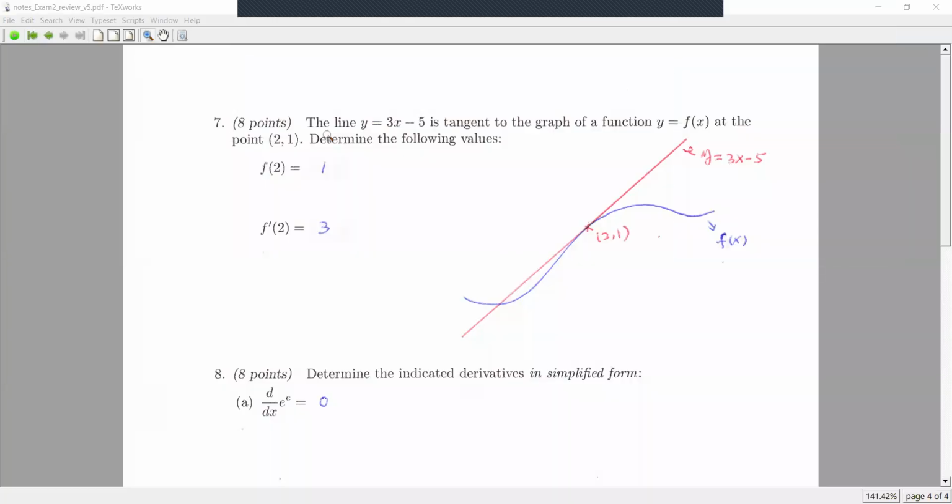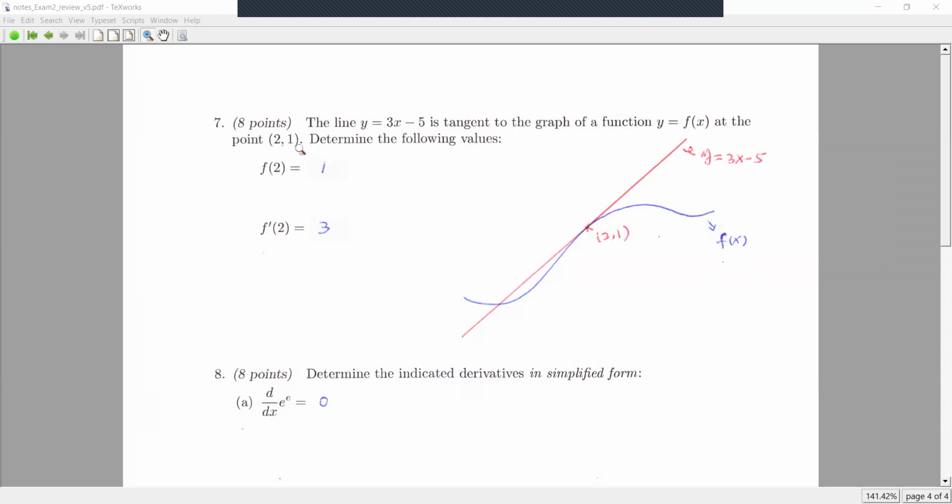Problem 7. The line y = 3x minus 5 is tangent to the graph of a function f at the point (2, 1). Determine the following values: the function value at 2 and the derivative of f at 2. To help myself answer the questions, I arbitrarily draw a curve, and suppose this curve is the graph of function f.